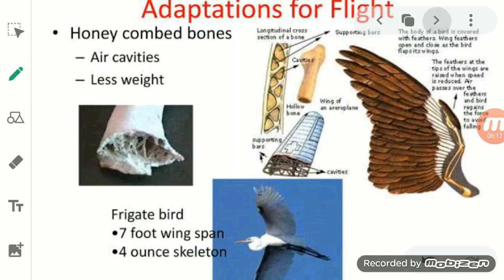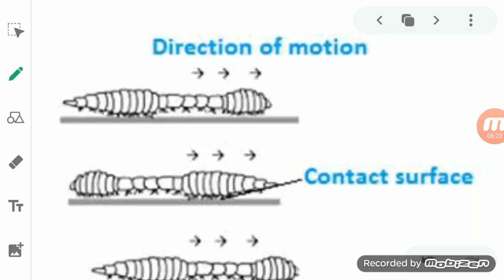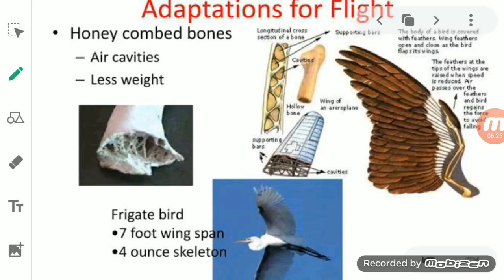The bones present in a bird are hollow. Hollow, what is the meaning of hollow, students? You can see here, this is the bone of a bird. You can see there is some space inside. When a bone or any object has space in between, that is known as hollow.